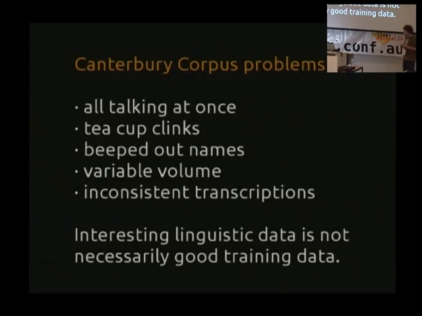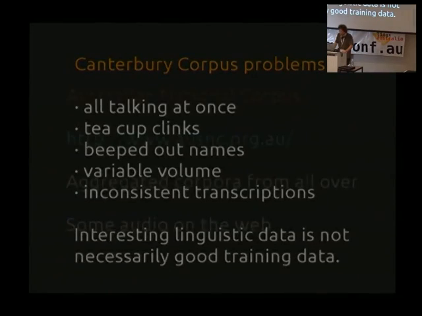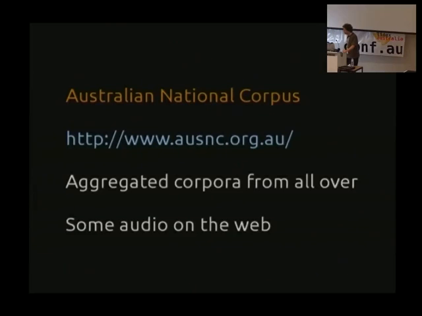But what speech recognition engines really need is the equivalent of infant-directed speech. They need baby talk so that they can get a start. You can't just train them up with everyone all talking at once, so they won't learn, the same as children won't learn like that. So it turns out that these research corpora are not necessarily very good for making a speech model.